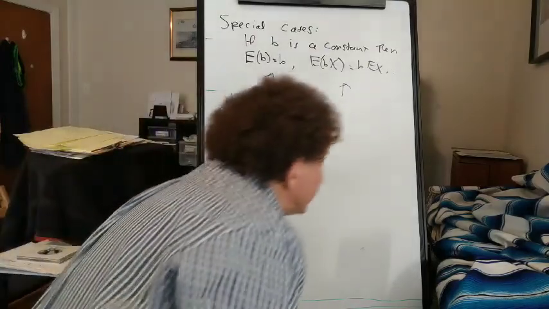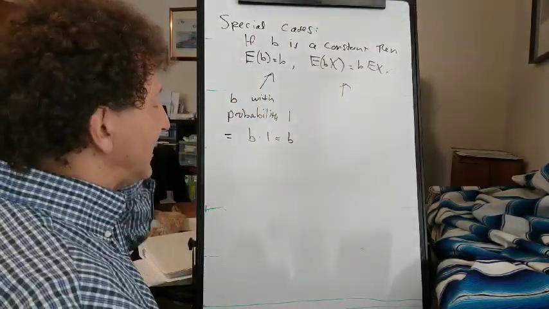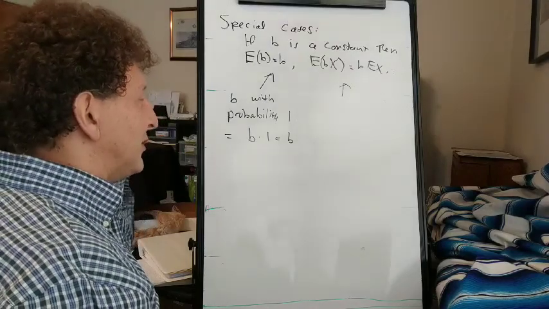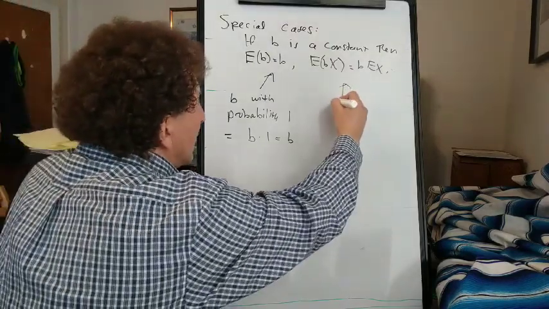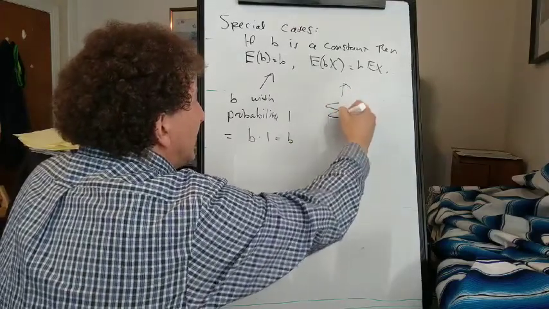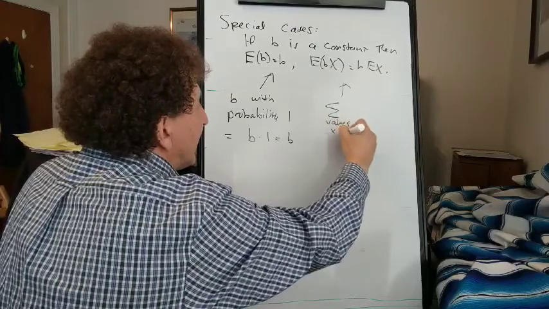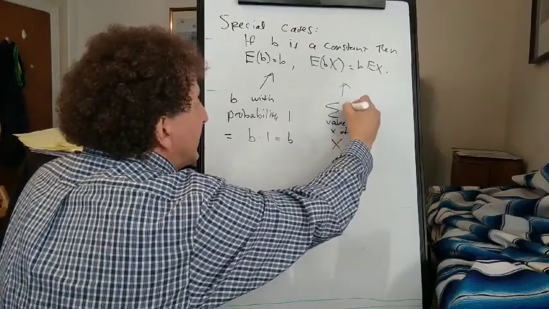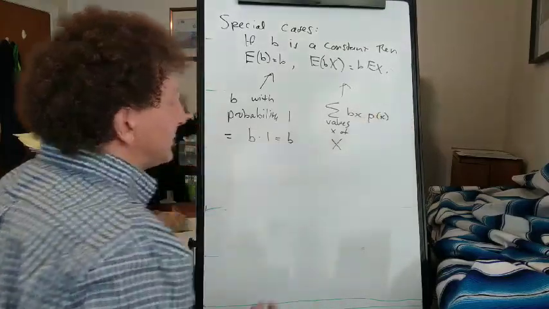How about this? We take a random variable, multiply it by b, the expected value of that product is b times what we'd expect X to be. So this should be the sum over all values little x of big X, b times x, times probability of x.